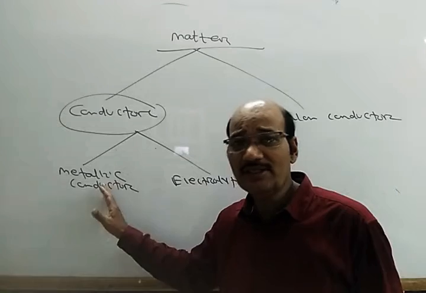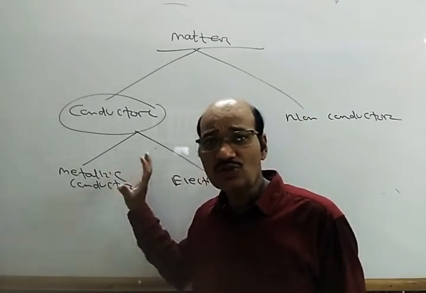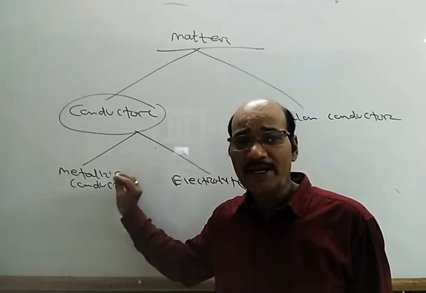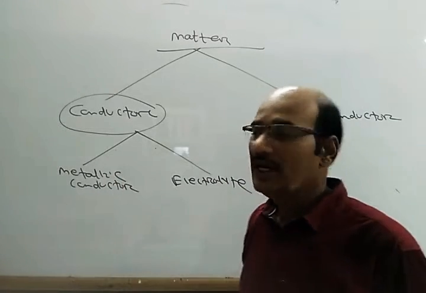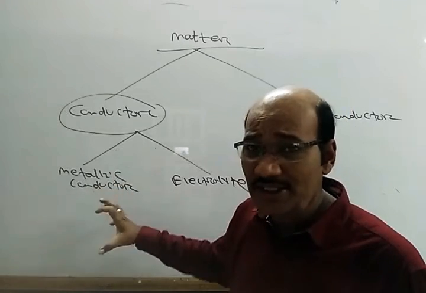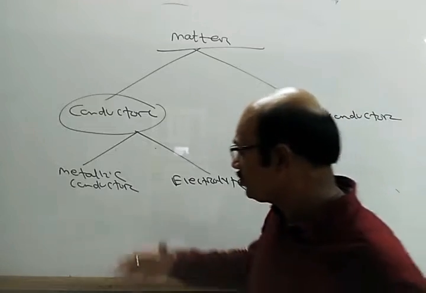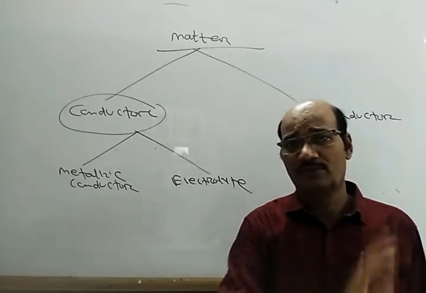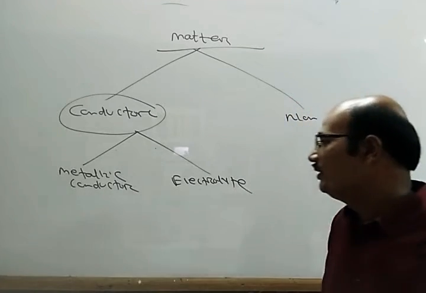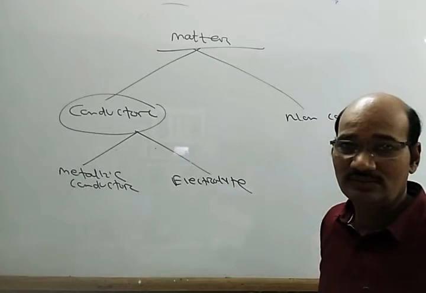Metallic conductors are the metals or substances through which electric current can pass in their solid state. How the electric current passes through different kinds of conductors in this structure is a matter of discussion in physics. Now the second one, the electrolyte.